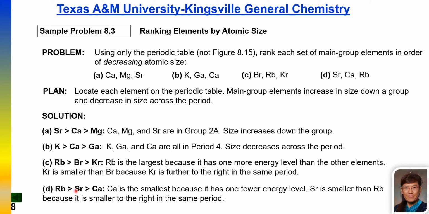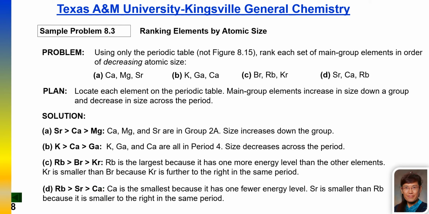Strontium and calcium are in the same group. Your rubidium and strontium are in the same period. So rubidium is bigger than strontium, and strontium is bigger than calcium.